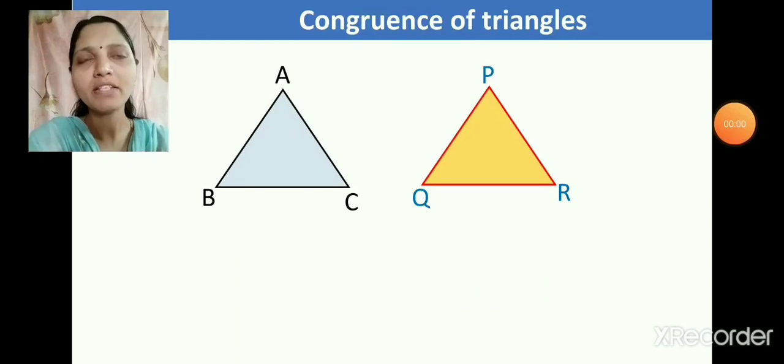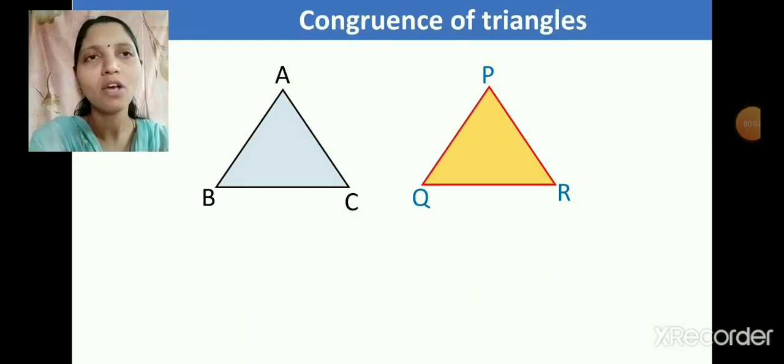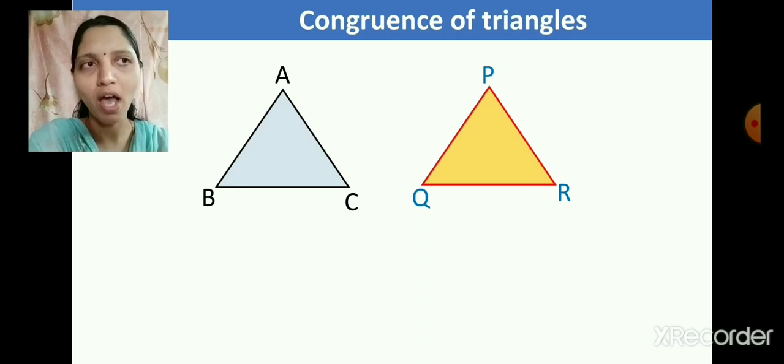Now let's try to learn the congruence of triangles. Here I have drawn two triangles, triangle ABC and triangle PQR. Now how to find the congruency between these two triangles?